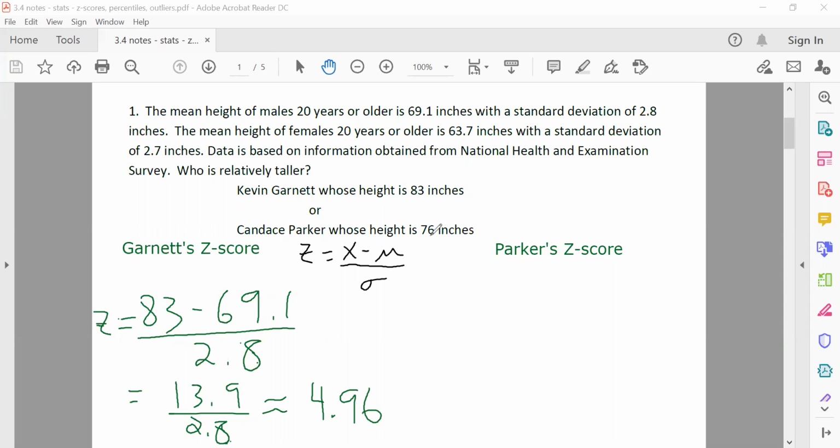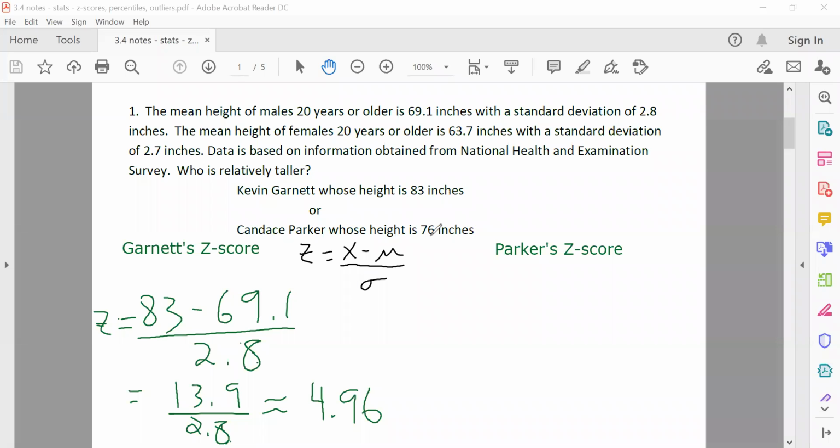So here's the lowdown. Remember, we talked last time about the empirical rule. If you have a relatively bell-shaped distribution, which we're going to assume is the case here, 95% of data values fall within 2 standard deviations of the mean, and 99.7% of data values fall within 3 standard deviations of the mean.